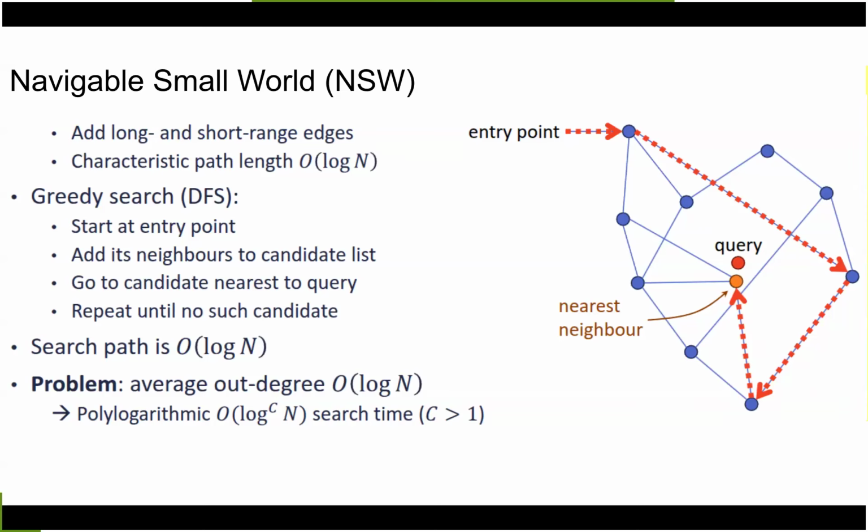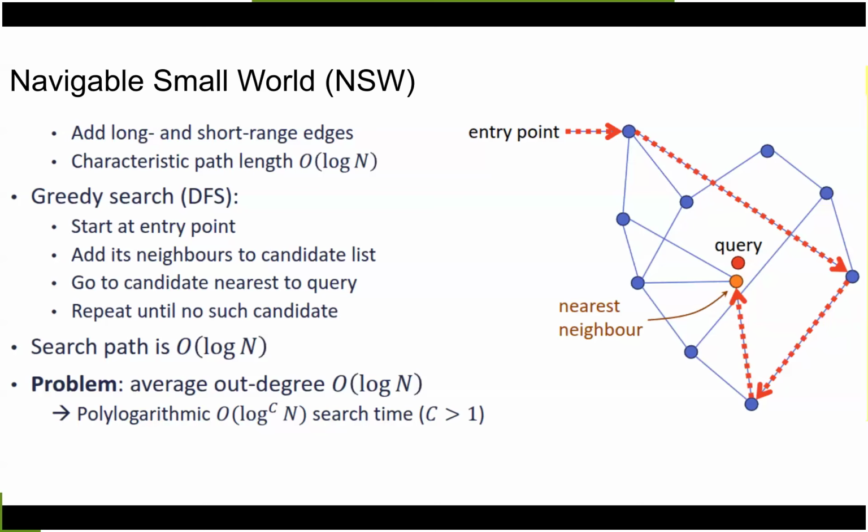So it's hard to explain navigable small world, to be honest with you, but the idea is that for each node, you want to be able to reach its nearby vectors with very few number of hops over the graph, right? Because what if the thing that you're querying for is the node you're standing on right now.